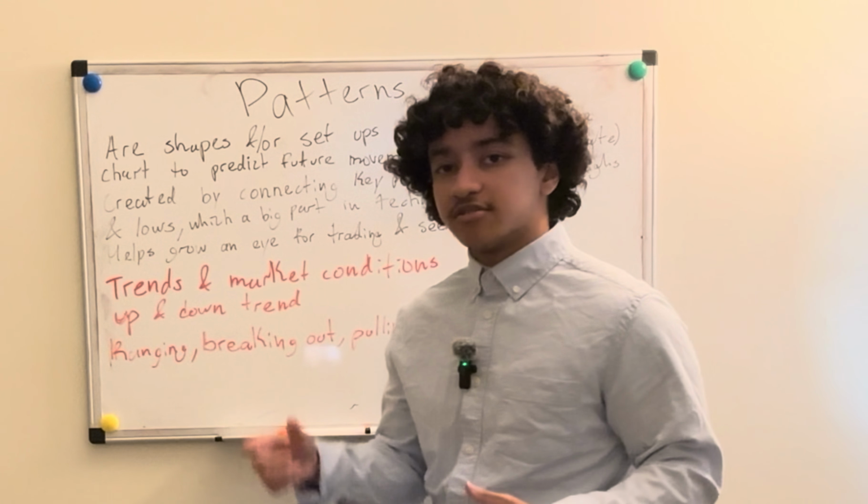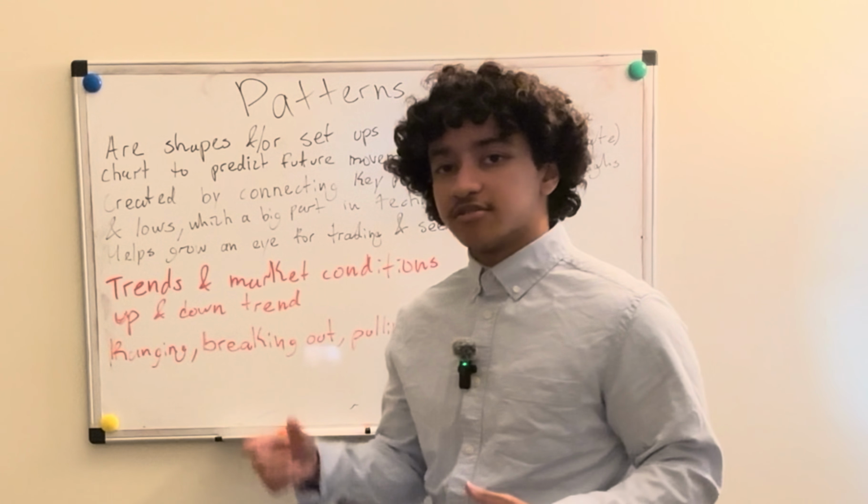You can look up different kinds of patterns online, so I'll draw some right now. Let's say a head and shoulders pattern. You can see this higher high, and this higher high, but then it becomes a lower high.